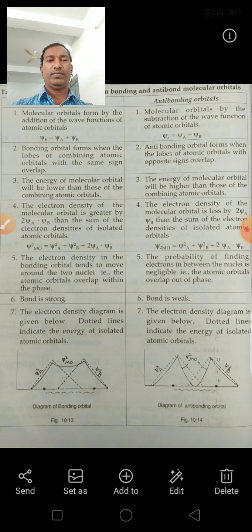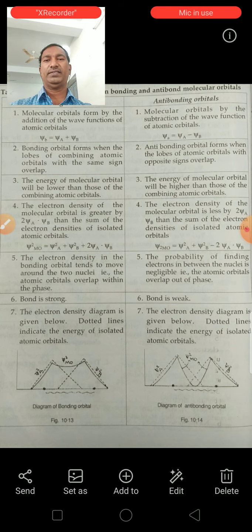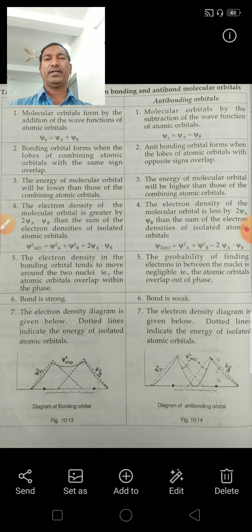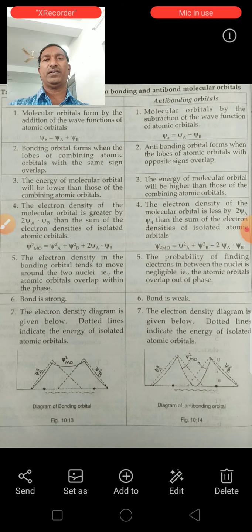First, bonding molecular orbitals. The first point is that molecular orbitals are formed by the addition of the wave functions of atomic orbitals.